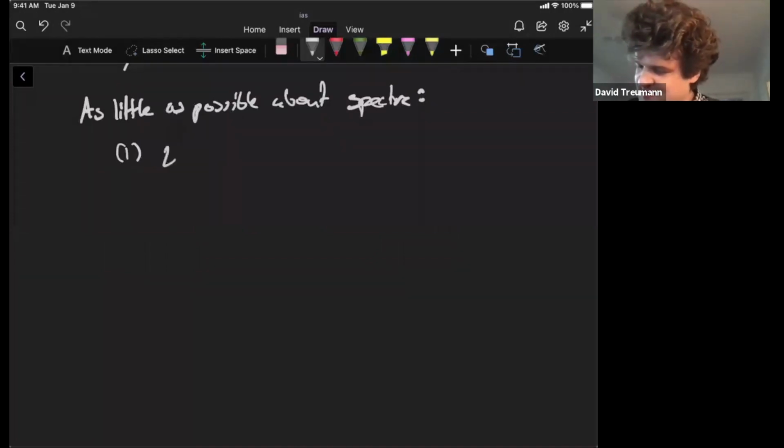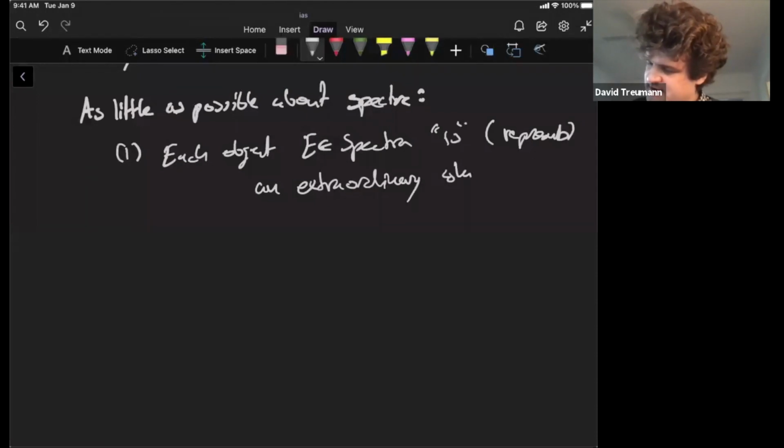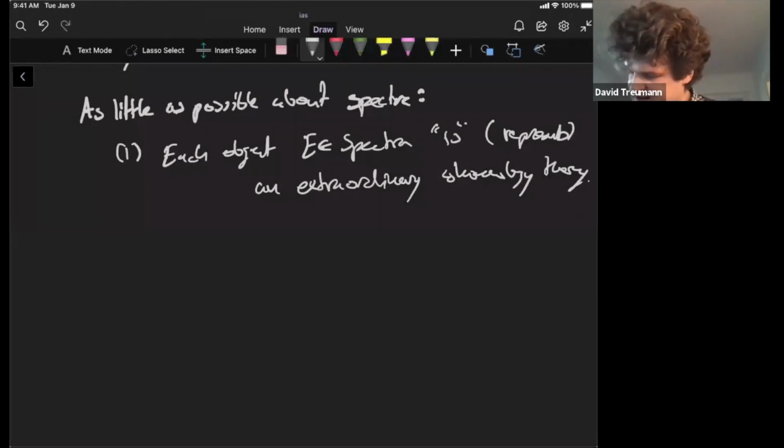One of them is that every object of this category of spectra is, or maybe represents, an extraordinary cohomology theory on ordinary topological spaces.